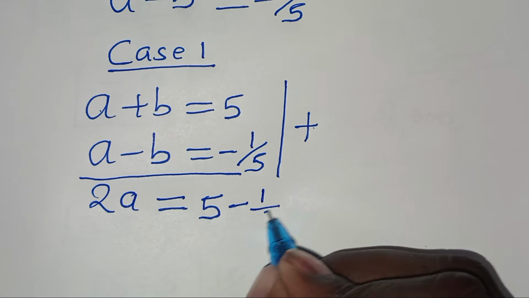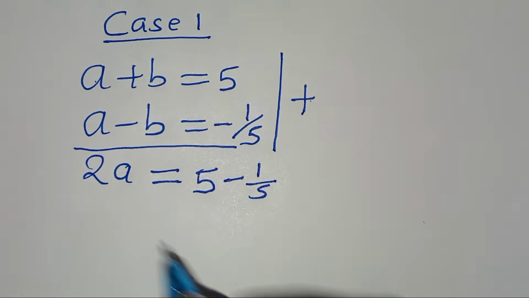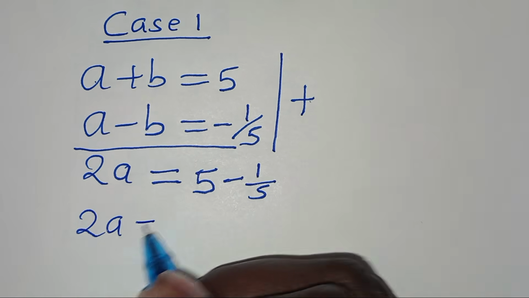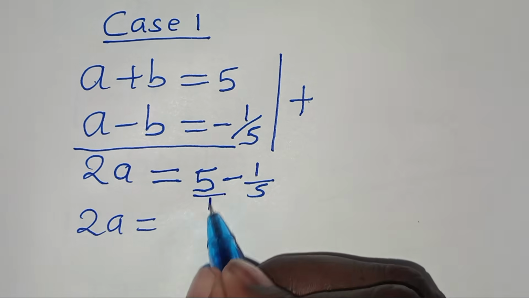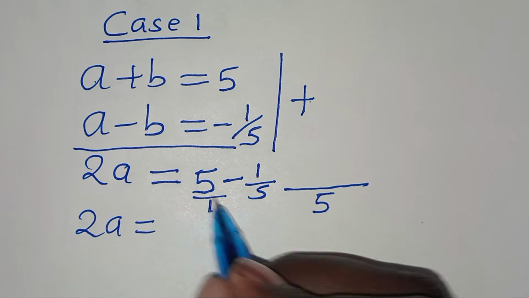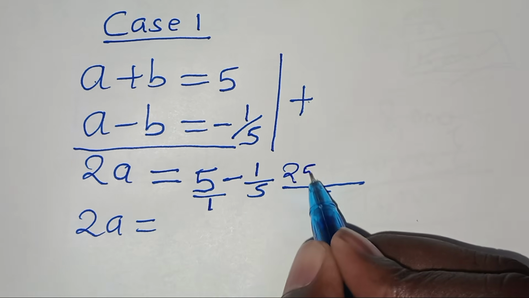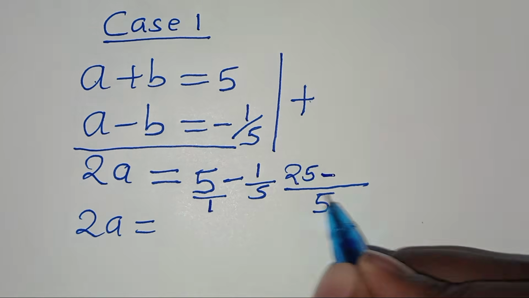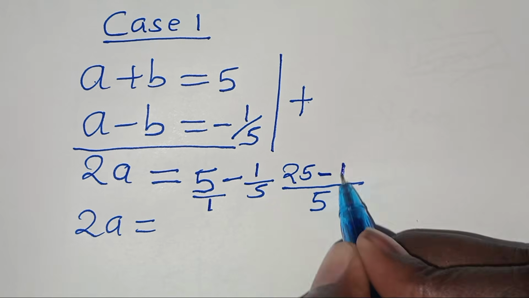So this means we have 2a equal to, now 5 is our number, so this is over 1. We have the LCM as 5. So 5 divided by 1 is 5 times 5, this is 25. Then subtract 5 divided by 5 is 1 times 1, this is 1.